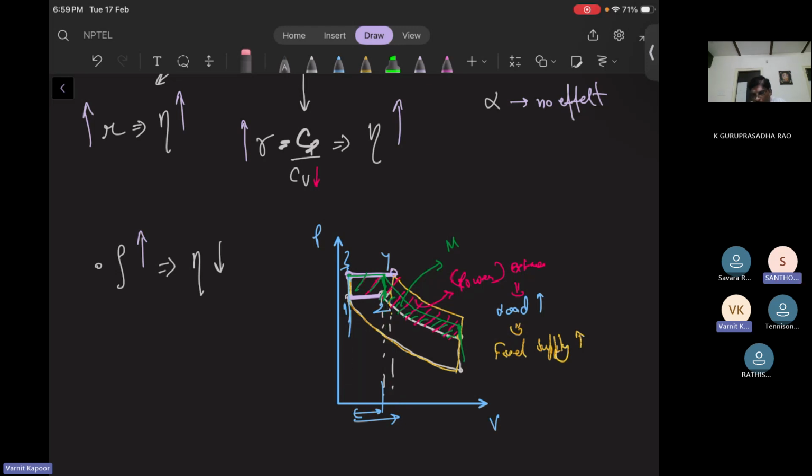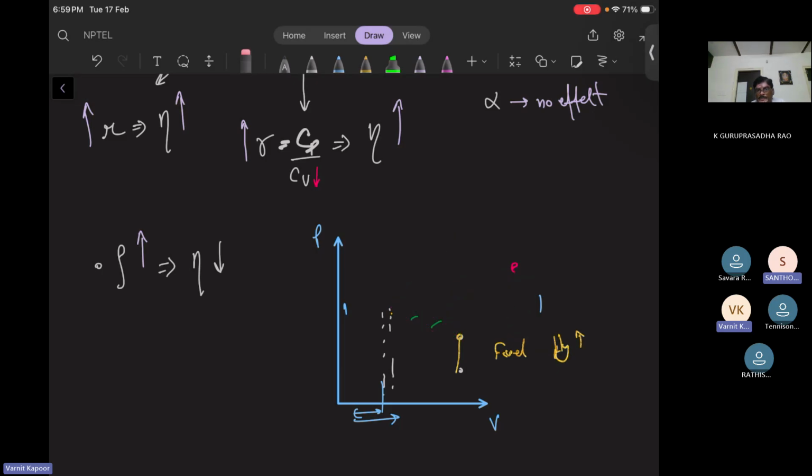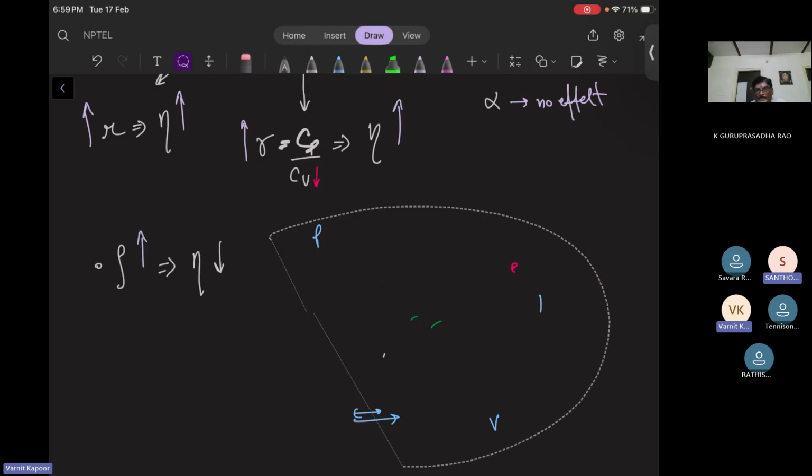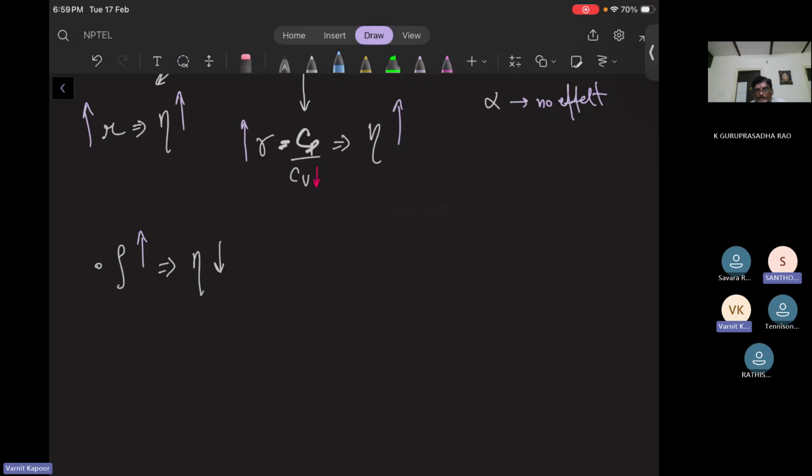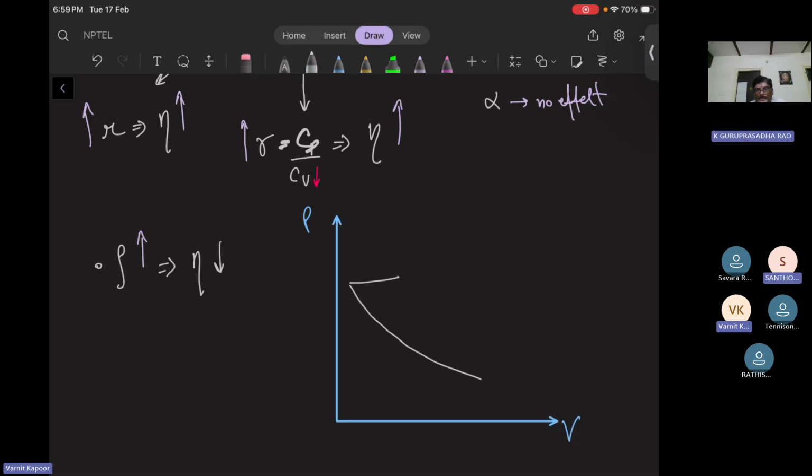Why have you marked eta as going down? What is meant by the left side symbol? Which one are you saying, sir, eta? No, the left side of eta.